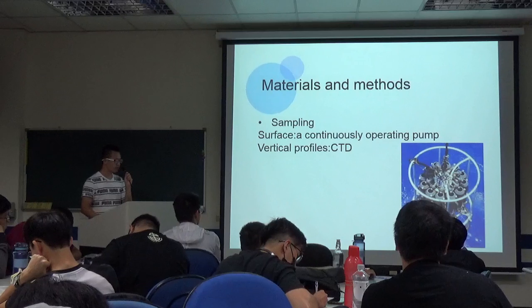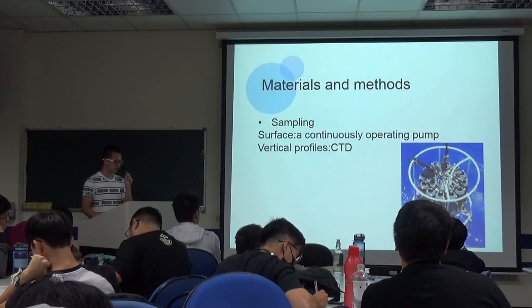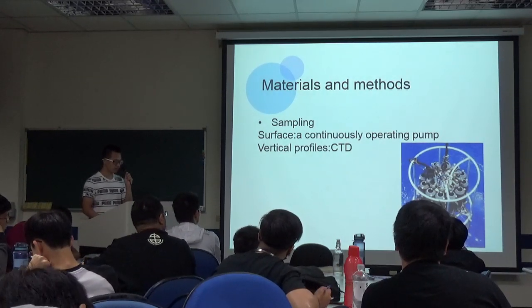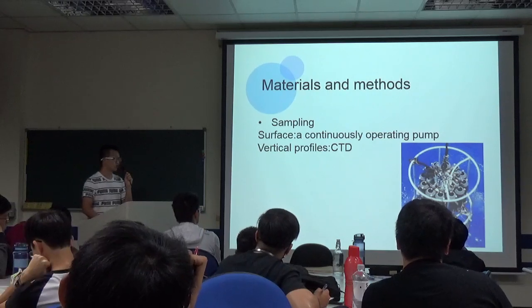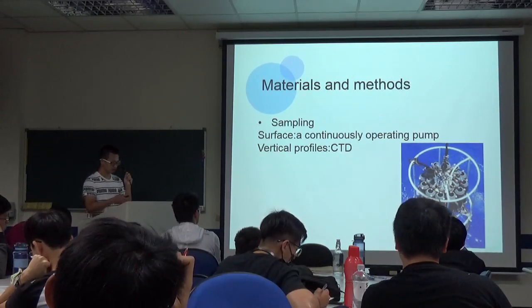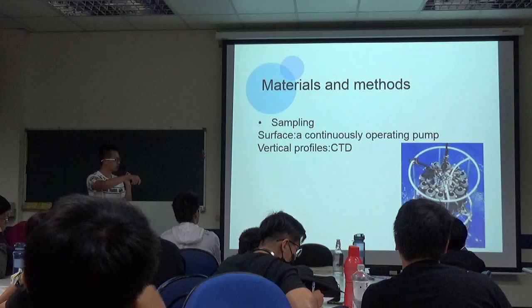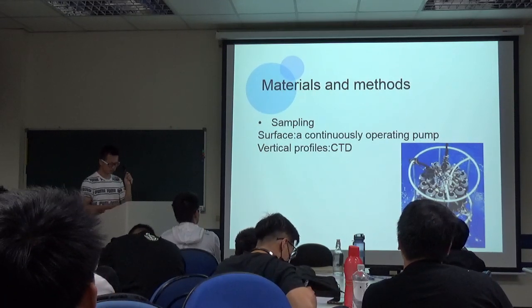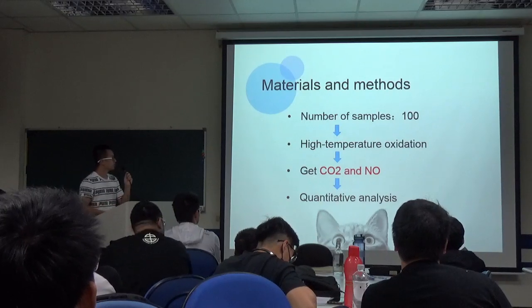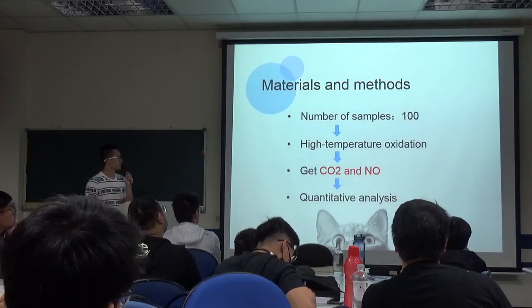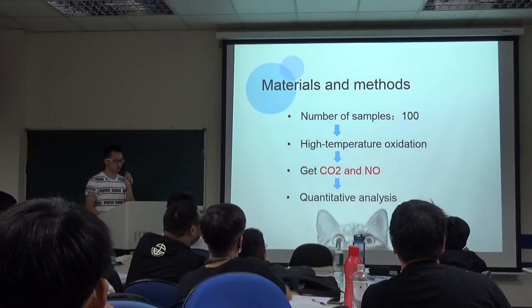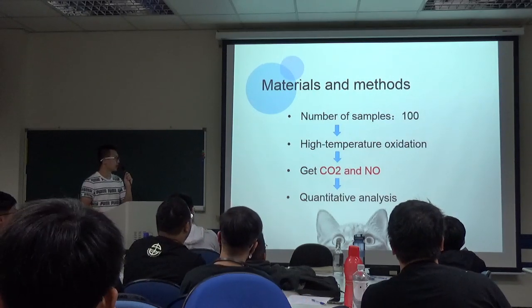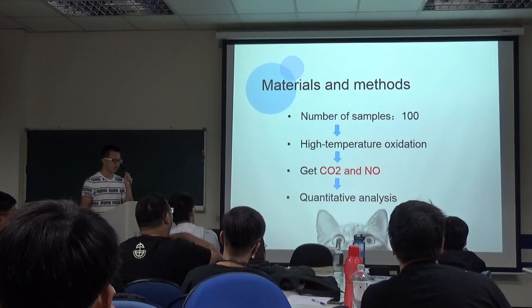Next is the sampling. On the surface, we use a continuously operating pump, and for the vertical profiles, we use a CTD, like this one. It's a very common piece of equipment on a research ship. The number of samples is 100, and they are oxidized by high temperature.